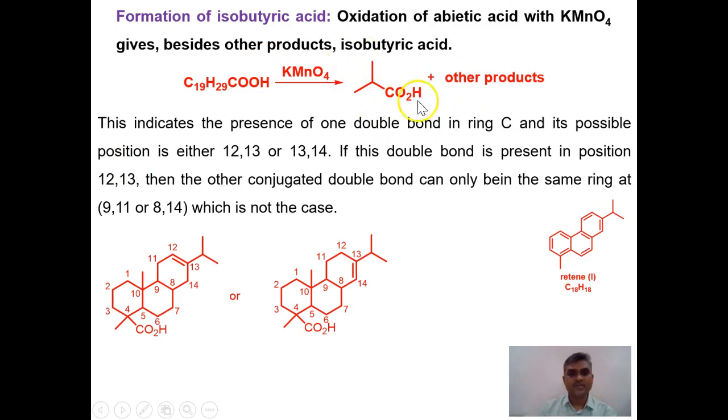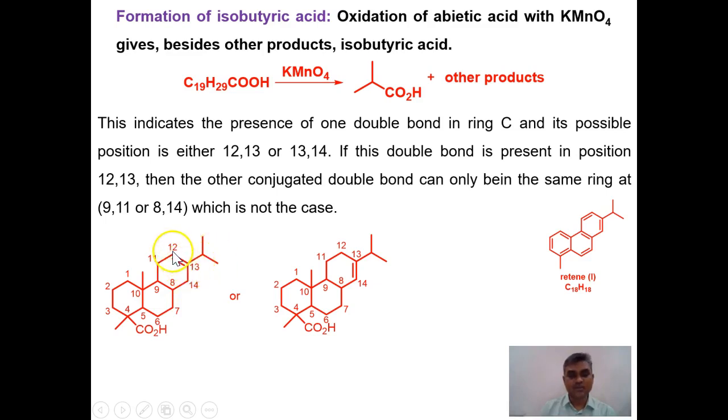Now, this is a turning point of the investigation as far as the structure of abietic acid is concerned. When abietic acid is subjected to chromic acid oxidation, several products are formed, and among them, isobutyric acid is also formed. We have already proved the structure of the retene molecule here, and in that case the position of the isopropyl group is fixed. So in this phenanthrene skeleton, the double bond must be attached to the isopropyl group.